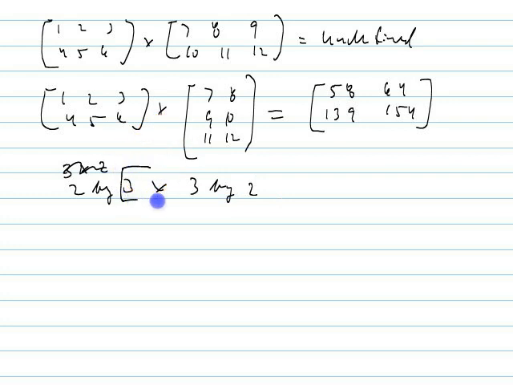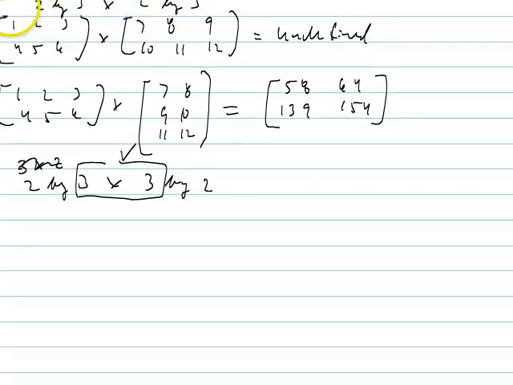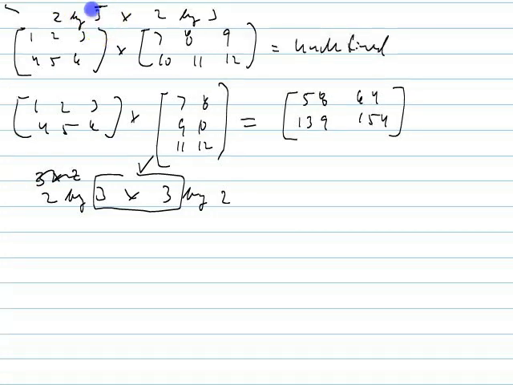Only if these two numbers match is it possible to multiply the two matrices together. That's why this example over here doesn't work, because it's 2 by 3 trying to multiply it by another 2 by 3. As I was saying, this 3 and 2 do not match.